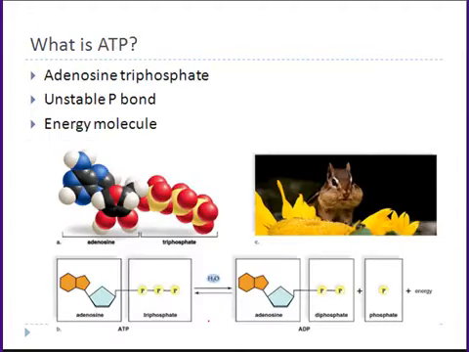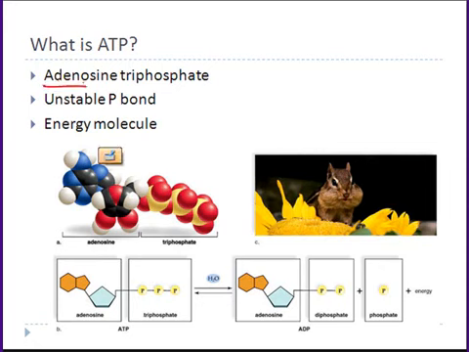Lastly, I want to very briefly talk to you about what ATP is. ATP is a type of nucleic acid. It is a nucleotide just like we see individual nucleotides in DNA and RNA. That means it's composed of a sugar group, a phosphate group, and a base.